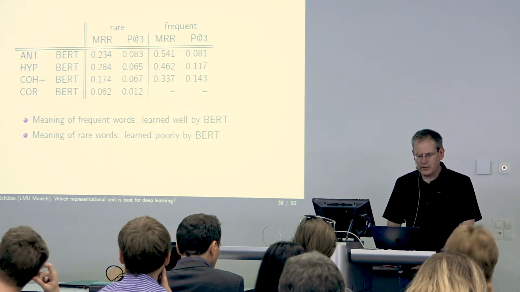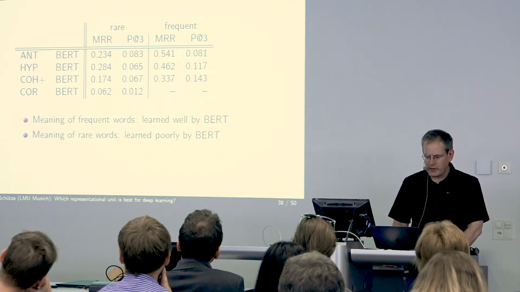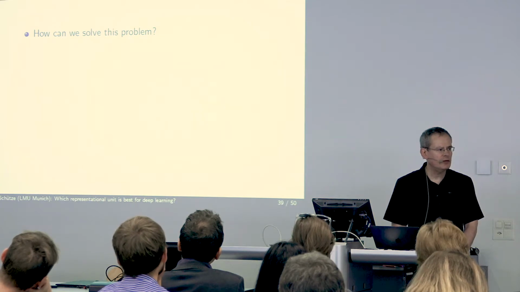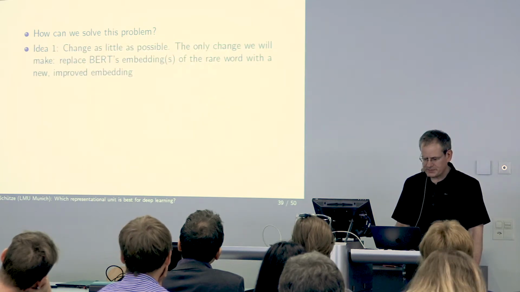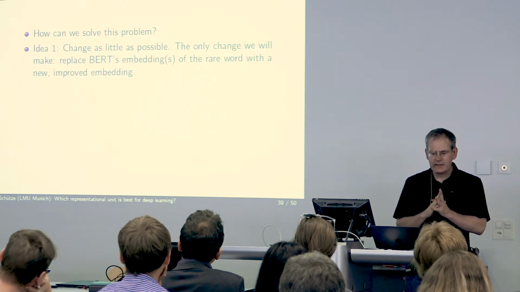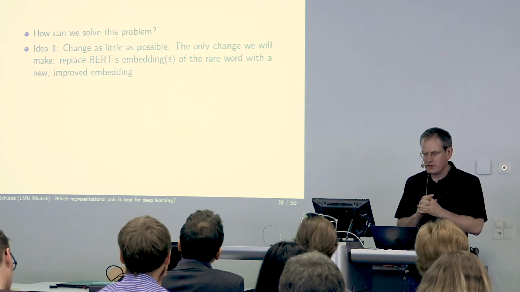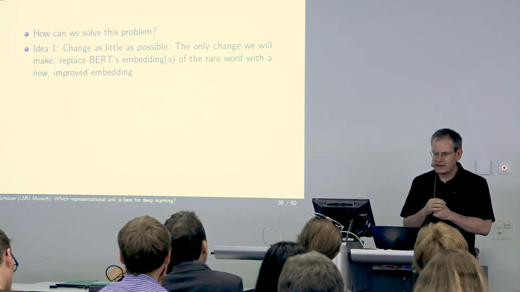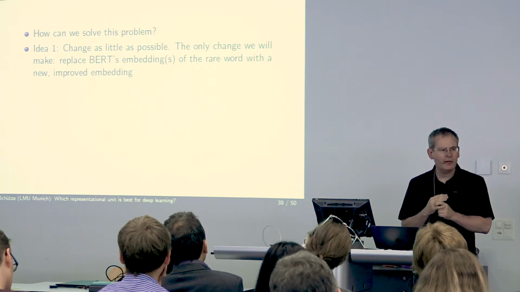Okay, so the meaning of frequent words is learned well by BERT, the meaning of rare words is learned poorly by BERT. Well, how can we solve this problem? How can we do better than BERT is doing today? And so we are combining 3 different ideas. The first idea is change as little as possible. The only change we'll make is to replace BERT's embeddings of the rare word with a new improved embedding.